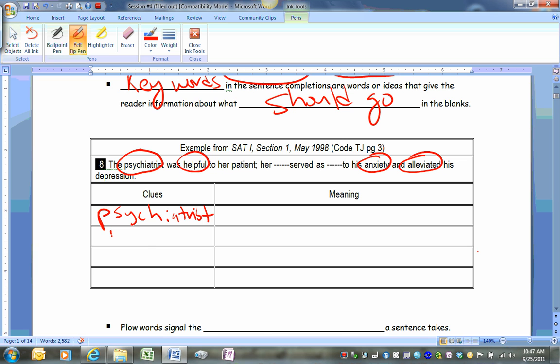Let's also look at the word helpful. So the psychiatrist I probably would say is a helpful person. And helpful is obviously a positive word.